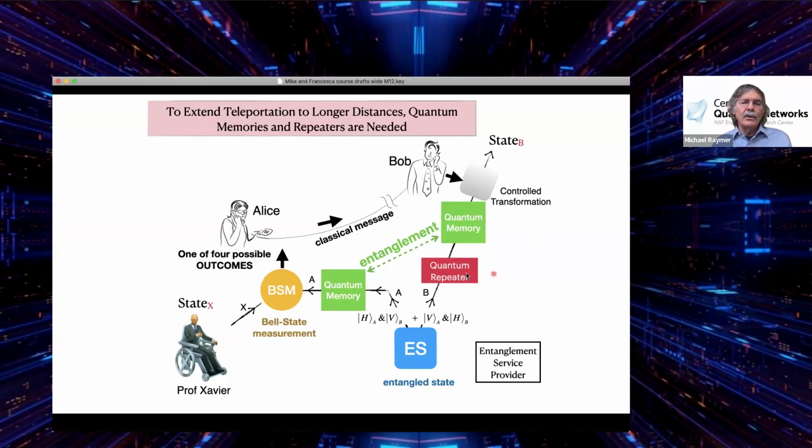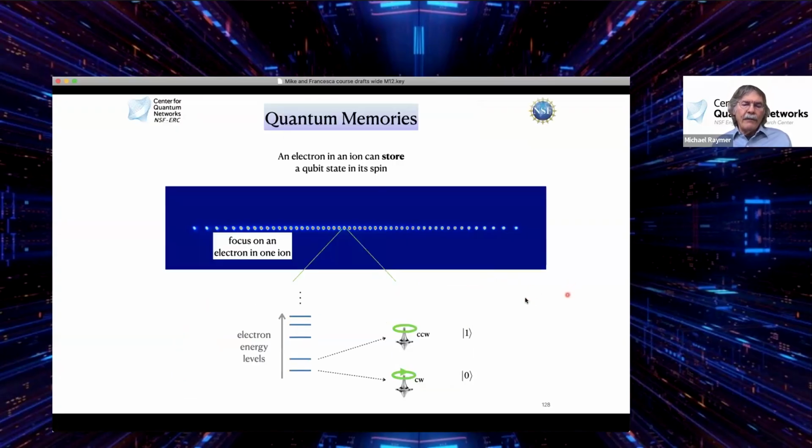The answer is you use something called a quantum repeater chain. And I'll now explain that. I first have to explain how the quantum memory works, and then we'll use that to do the quantum repeater chain. So remember, in a single atom, like this one I've indicated here in the middle, it has one important electron in it.